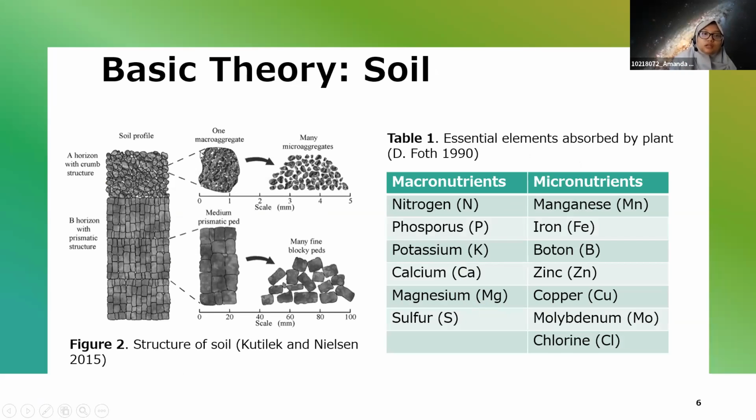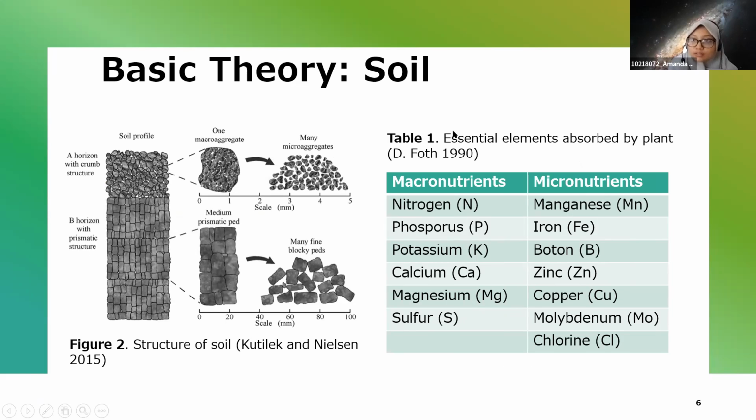The next is about the soil. The soil can be visualized as layers known as horizons. The first layer is the A horizon with crumb structure, and deeper below the A horizon, there is the B horizon with prismatic structure formed by silt and clay. The first layer, or A horizon, is commonly used as a medium for growing plants.